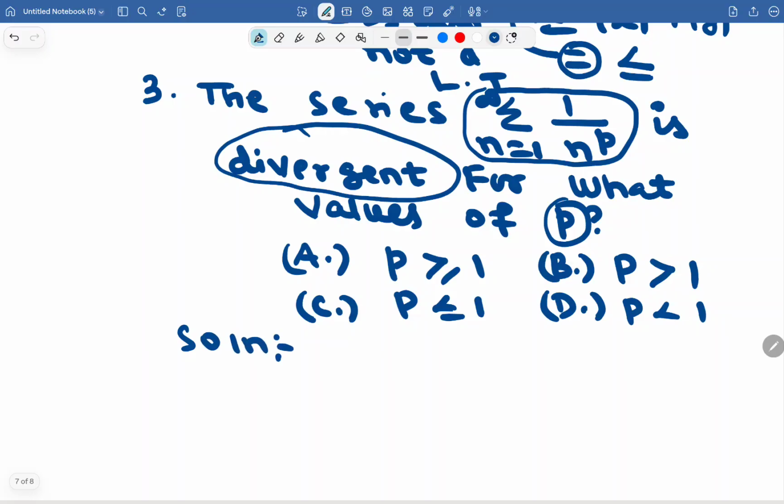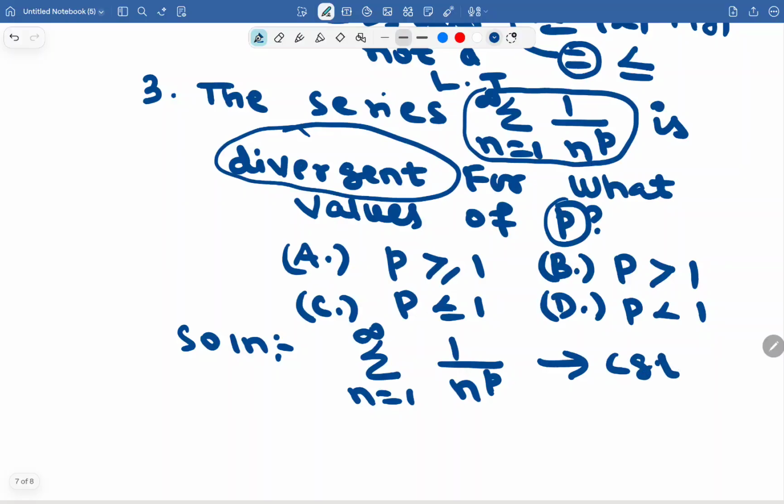Solution: summation 1 by n power p, n equal to 1 to infinity, the series is convergent if p greater than 1.